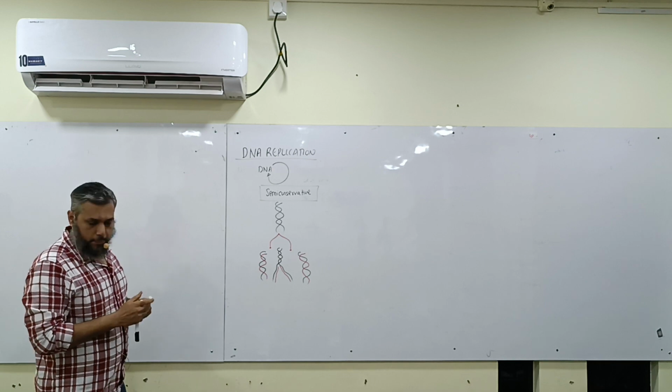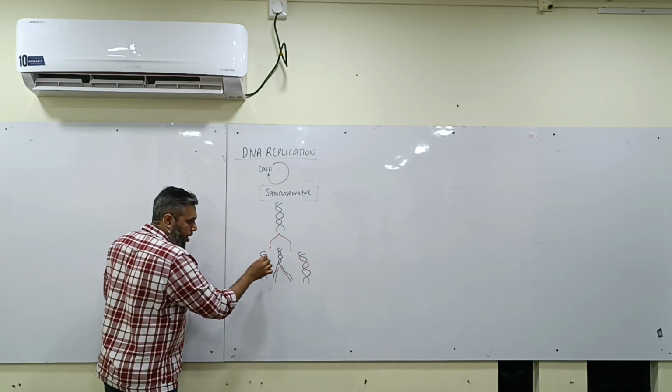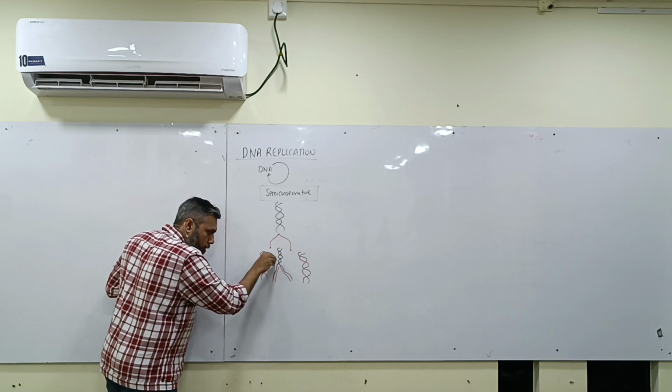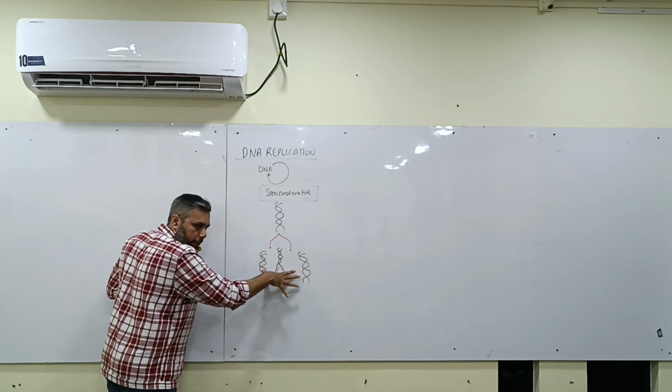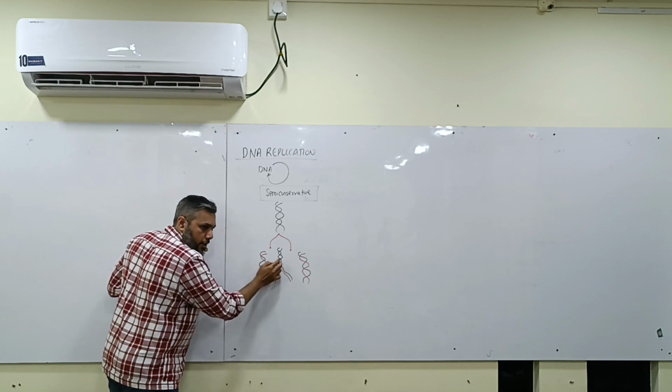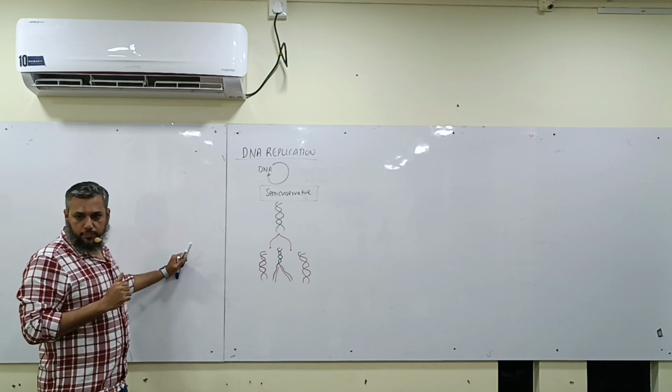ऐसा समझ मैंने क्या बोला कि डीएनए रेप्लिकेशन के टाइम पे दो स्ट्रैंड्स हैं जो पैरेंटल स्ट्रैंड्स हैं वो एक दूसरे से क्या होने लगते हैं सेपरेट अनकॉइल होके और इमीडिएटली नया स्ट्रैंड क्या होता है सिंथेसाइज होता है.